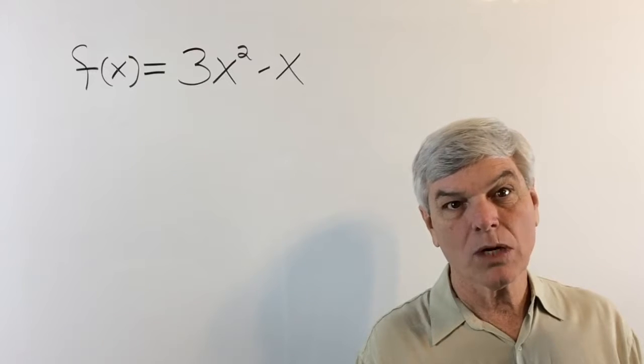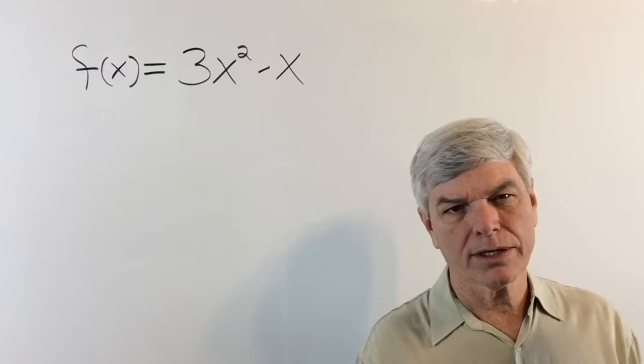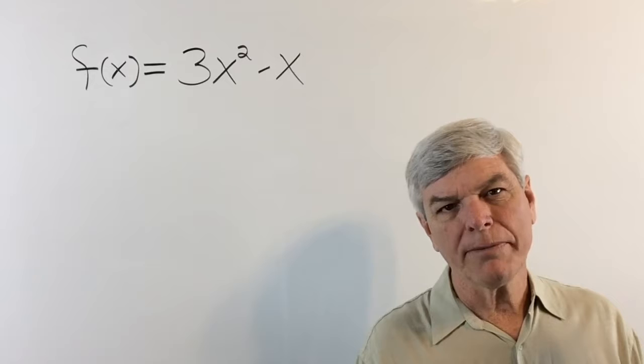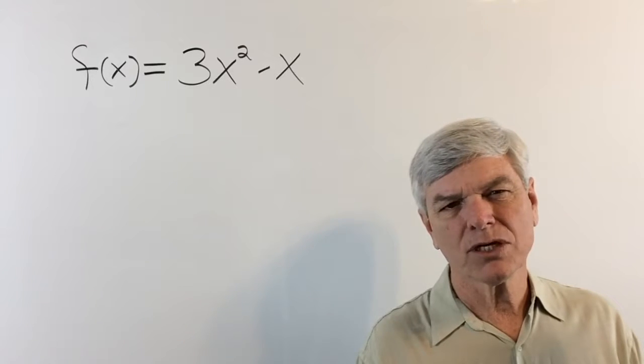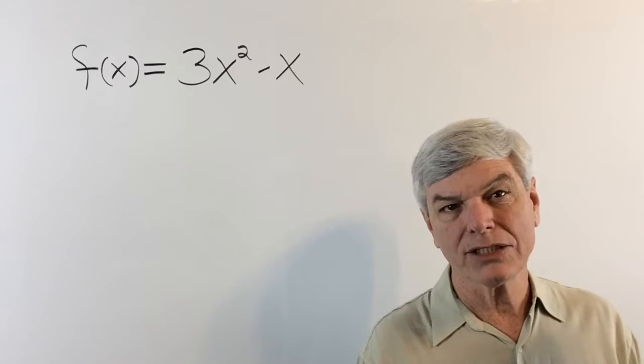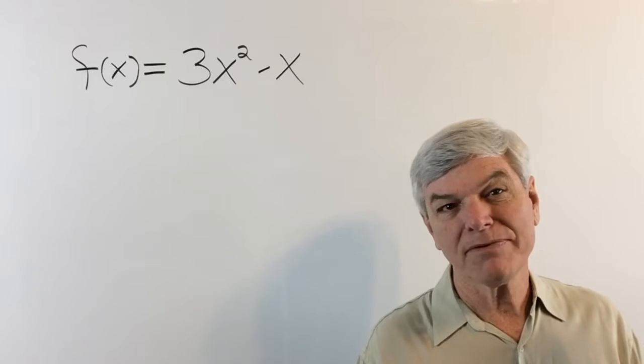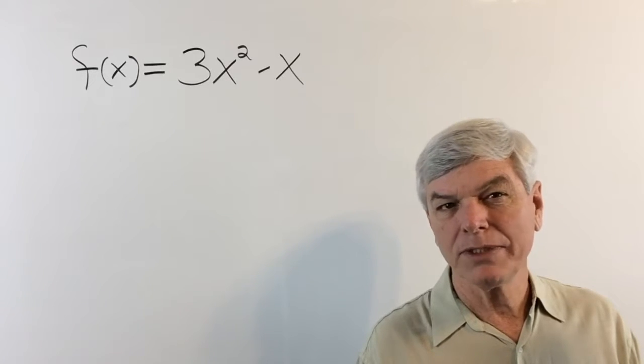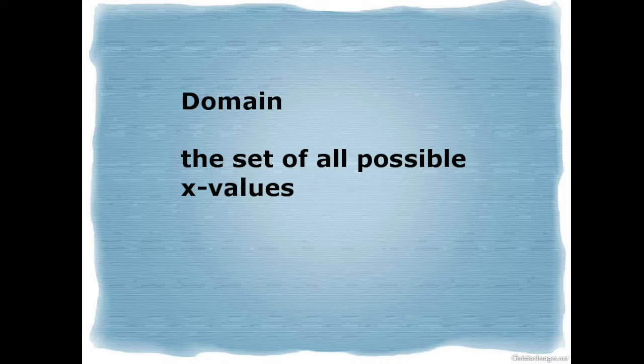X comes first and y comes second, and so do domain and range. If you're having trouble remembering which is the domain and which is the range, D comes before R alphabetically. So domain is going to be x and range is going to be y.